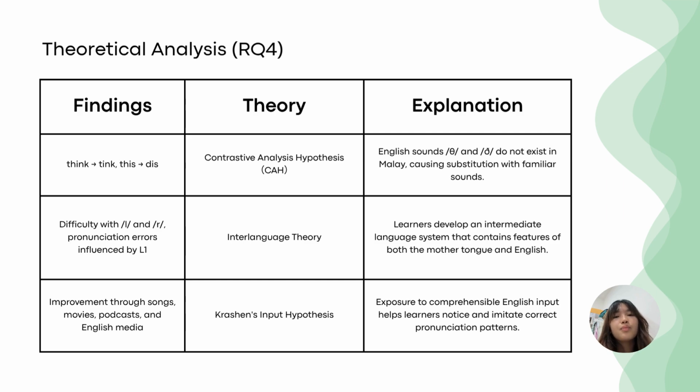Continuous exposure helps learners notice correct pronunciation patterns and gradually develop more accurate English pronunciation. Therefore, the findings support the application of the contrastive analysis hypothesis, interlanguage theory, and the comprehensible input hypothesis in explaining the influence of mother tongue on English pronunciation.